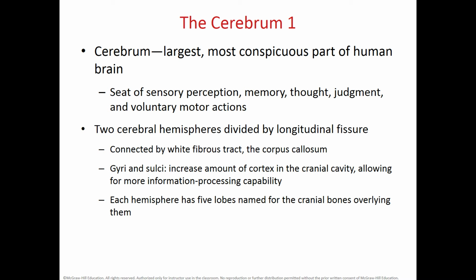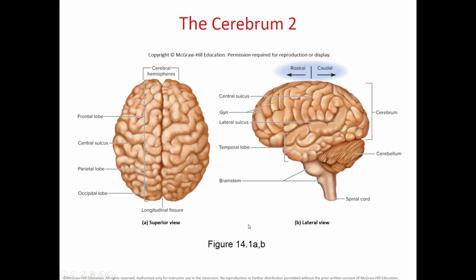Now, the cerebrum is subdivided into different lobes, 5 major lobes, according to the bone of the skull that they are connected to or in contact with. So this will be the right and the left hemispheres in the superior view.